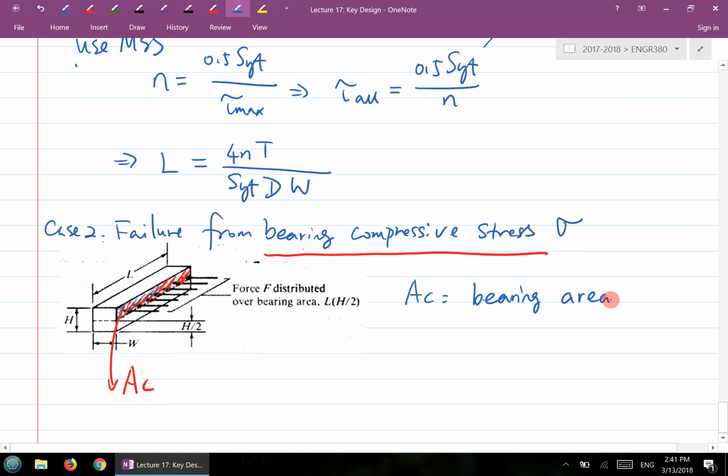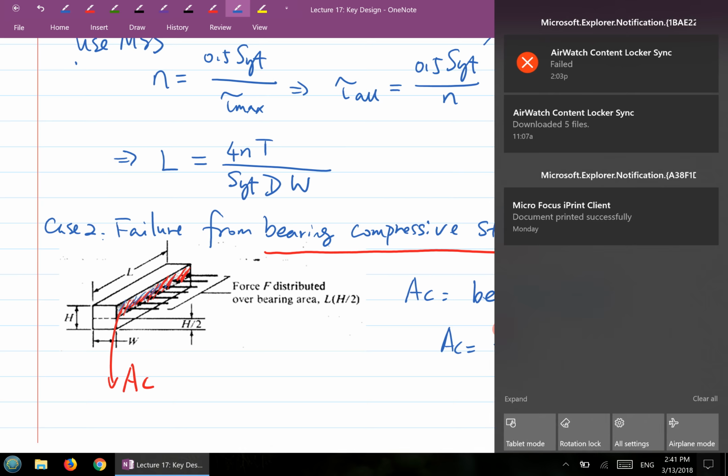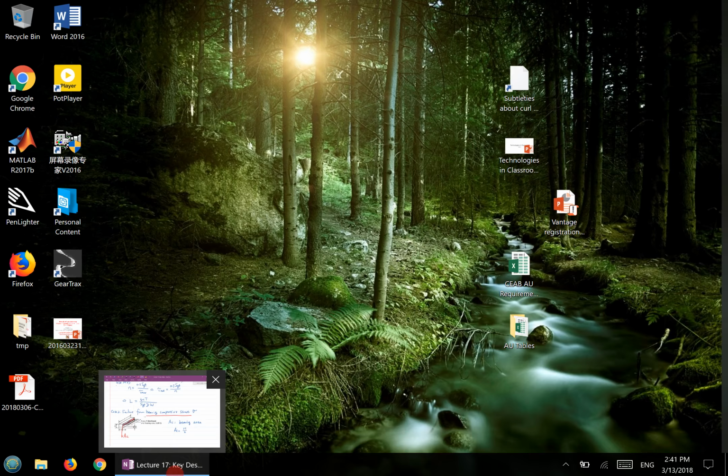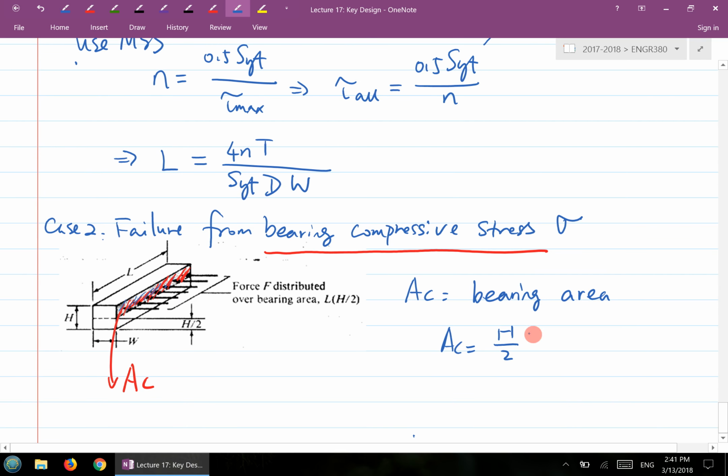How do we calculate that? It's very easy. AC is equal to half of, not W, half of H, times L. So half of the height times L. That's your AC, the bearing area.